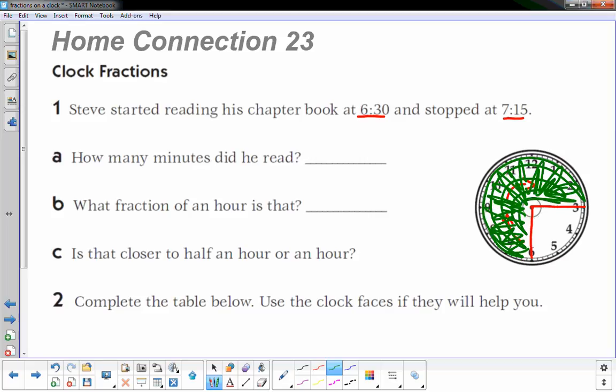And I know that it's 45 minutes. What fraction of an hour is that?